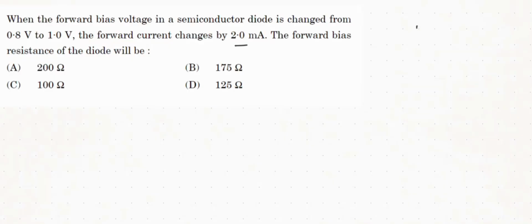So if I say this is a diode, obviously this is the P side and this is the N side. If I connect the P side to the positive terminal of the battery and the N side to the negative terminal, then the diode is forward biased. And if I change the supply voltage, what will happen?